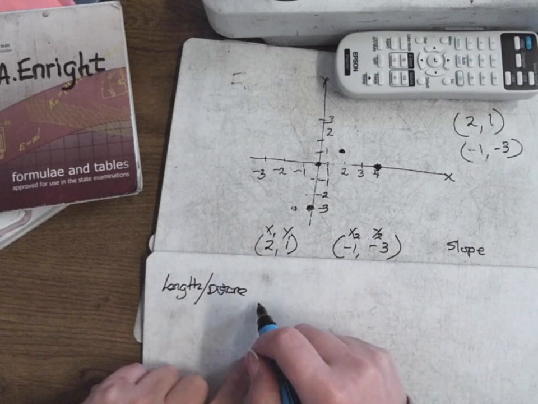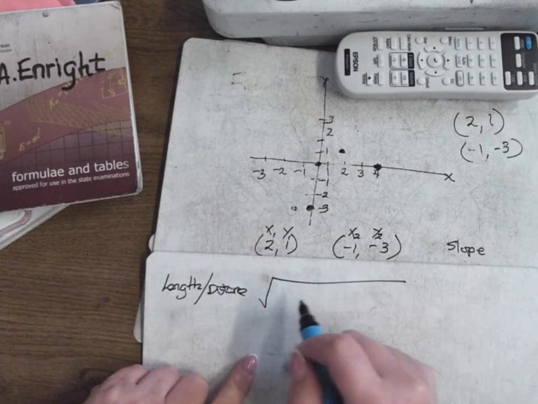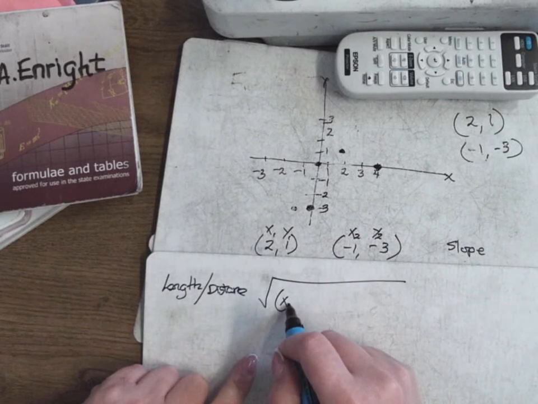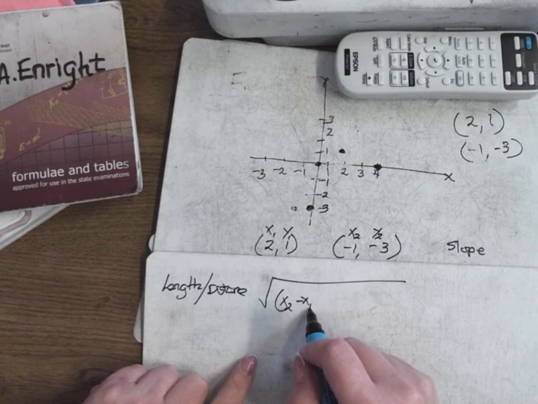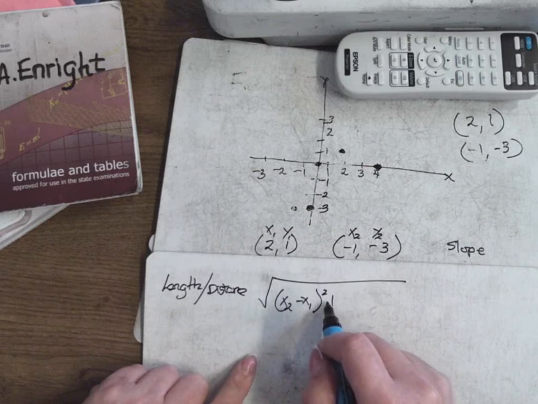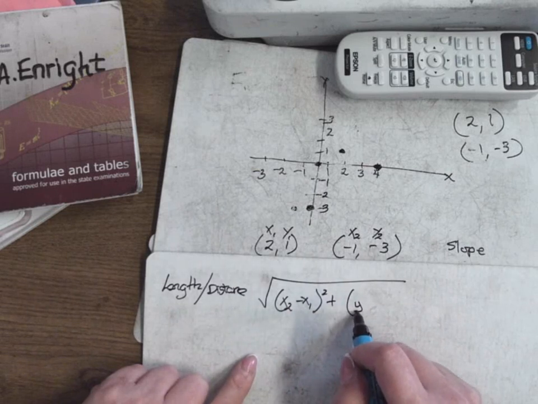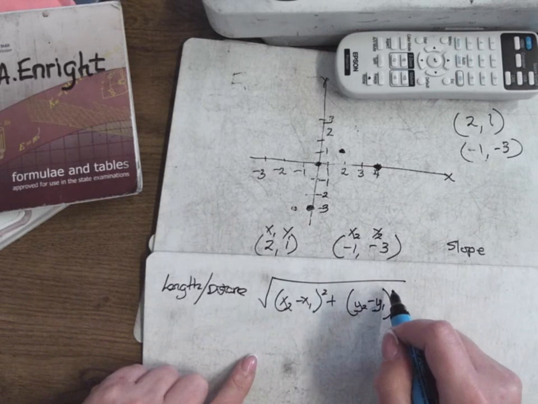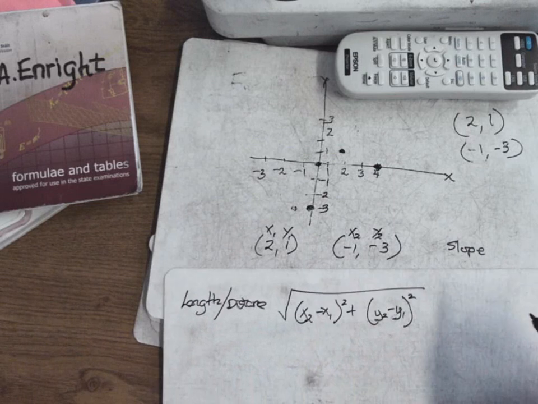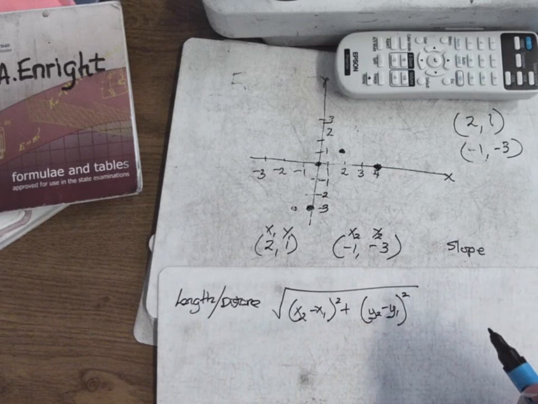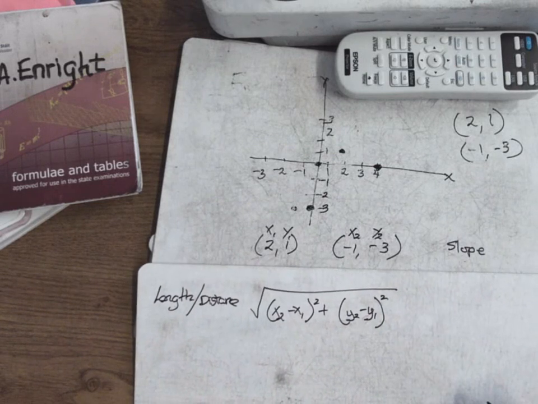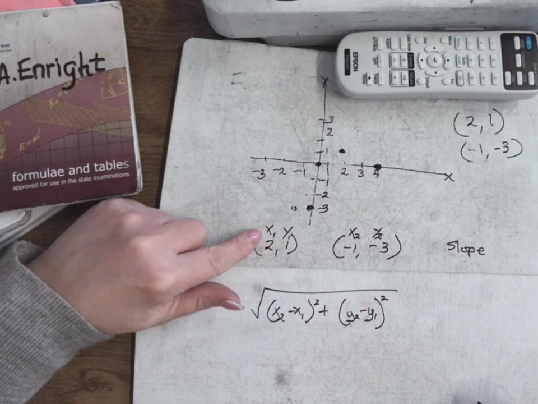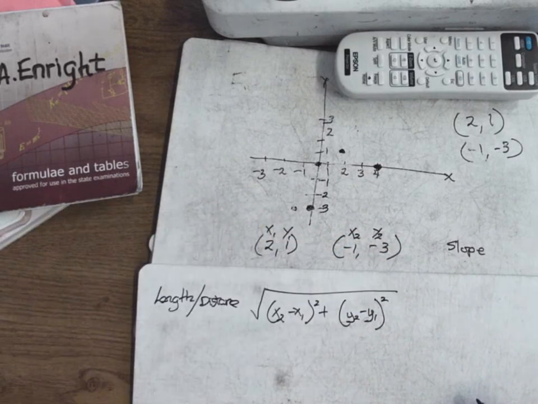So off you go to your log tables, you get your formula, which is the square root of x2 minus x1 squared plus y2 minus y1 squared. Now it looks very complicated, girls, but everything goes into the calculator, and it's easy enough. Same first step, x1, y1, x2, y2, right?